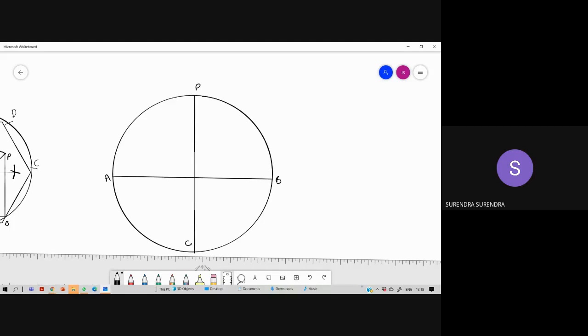So what you are assuming, it is 50 mm radius. A as center with 50 mm radius, draw 2 arcs on the circle. Similarly, B as center and same radius, draw 2 more arcs.